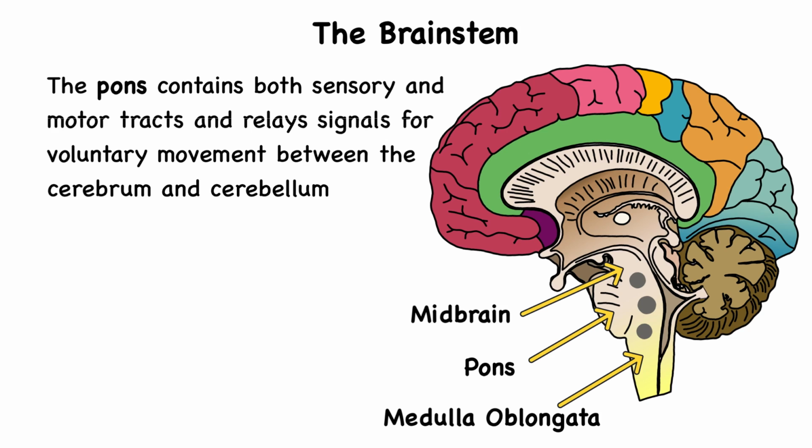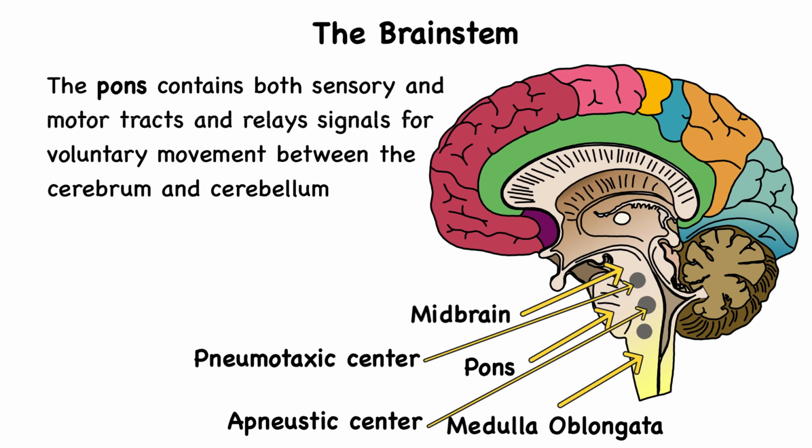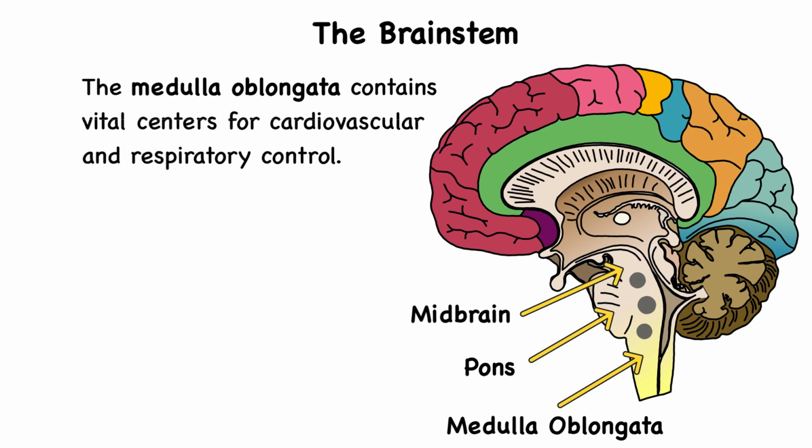The pons contains both sensory and motor tracts and relays signals for voluntary movement between the cerebrum and the cerebellum. Here we find the pneumotaxic and apneustic centers, which work with the medulla oblongata to help control breathing rhythm. The medulla oblongata contains vital centers for cardiovascular and respiratory control.